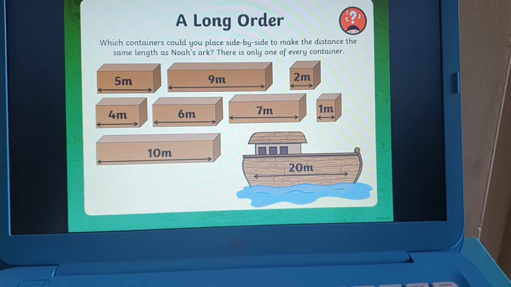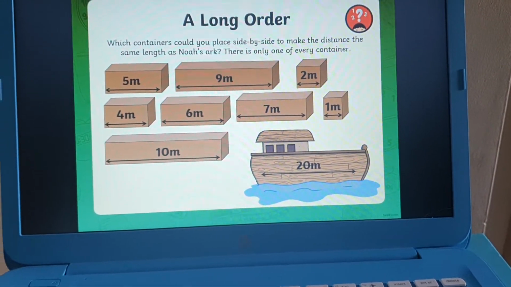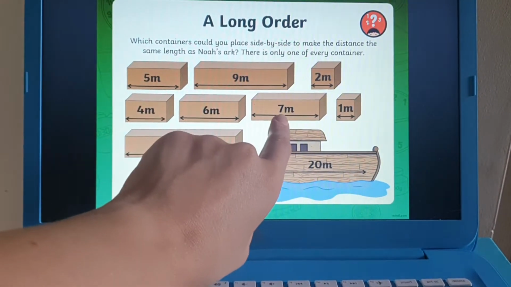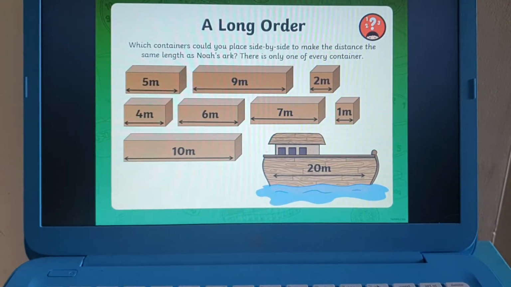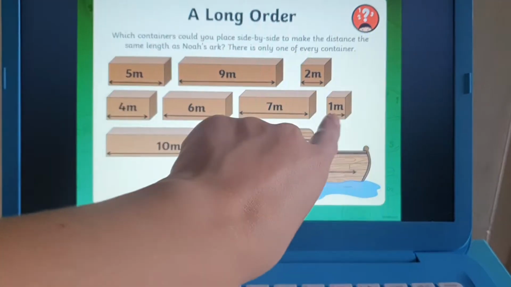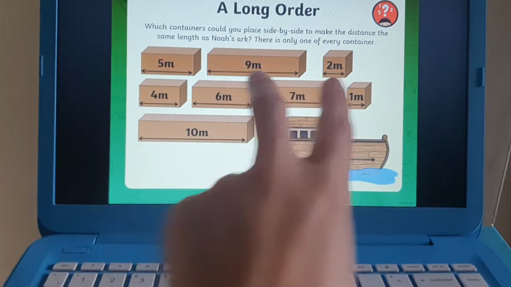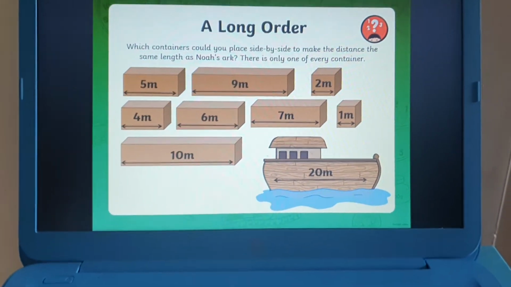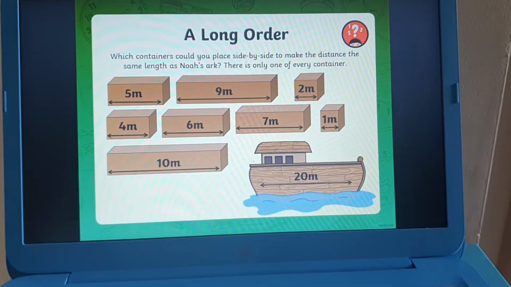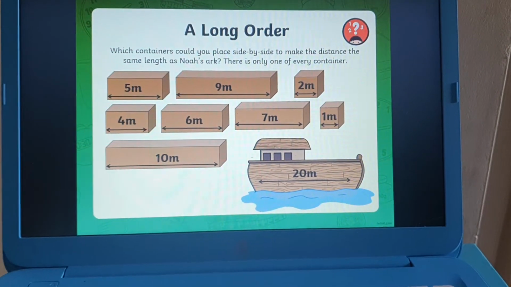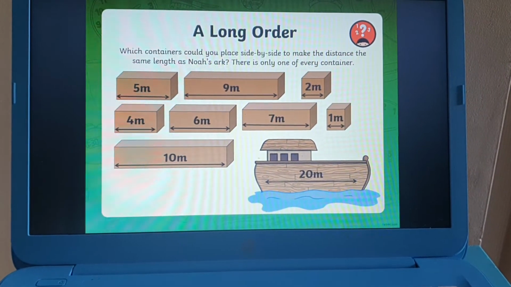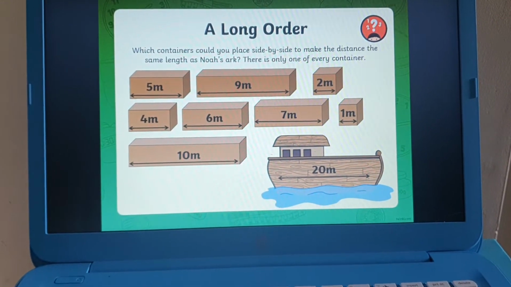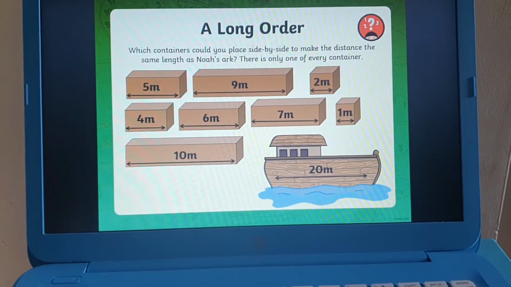But there are different ways of doing that. We could have added 3 numbers over here. We could have added 7 and 2 to make 9, and 1 more to make 10. Add that to our 10, and we could have made our 20 metres. There are lots of different ways of doing this. You might want to pause the video again and have a look at that using your number bonds to see if there are different ways of doing it.